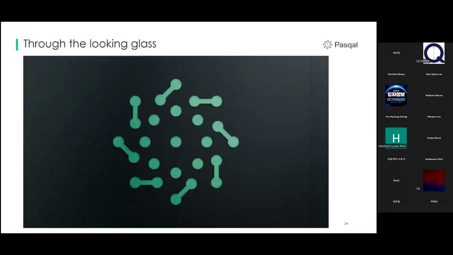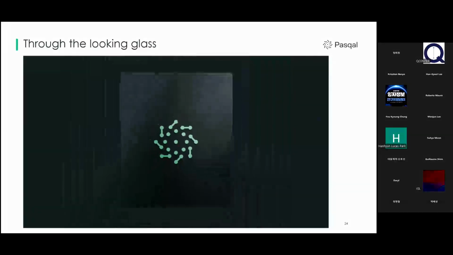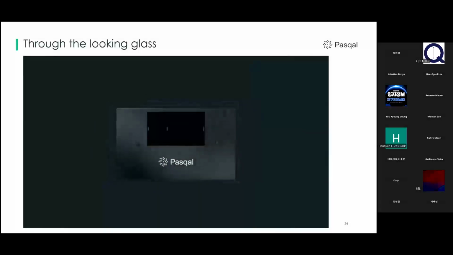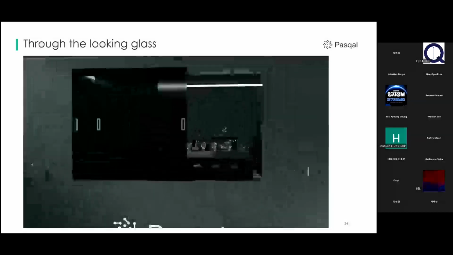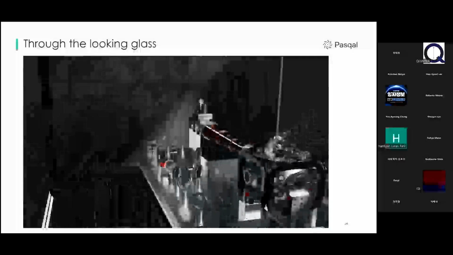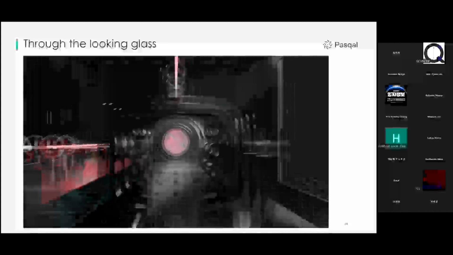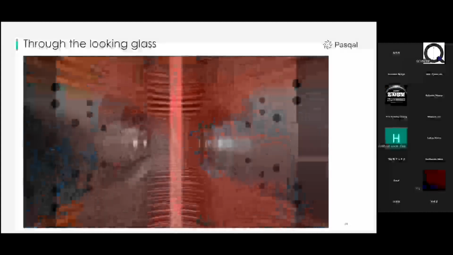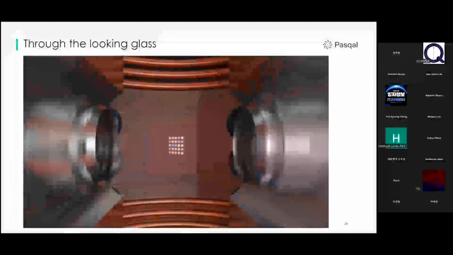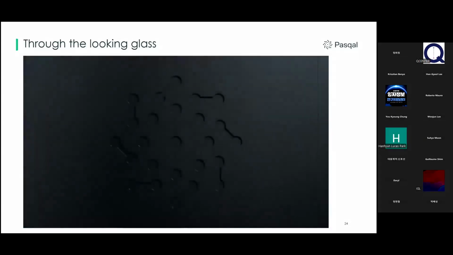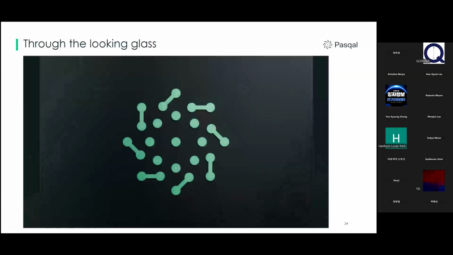To give you a more visual representation of how these neutral atom devices look, here is a quick illustration of how our machine looks from the inside. It's an optical installation that uses lasers guided through an optical table, entering a vacuum chamber to manipulate individual atoms. The video will repeat so we can see the illustration once again.